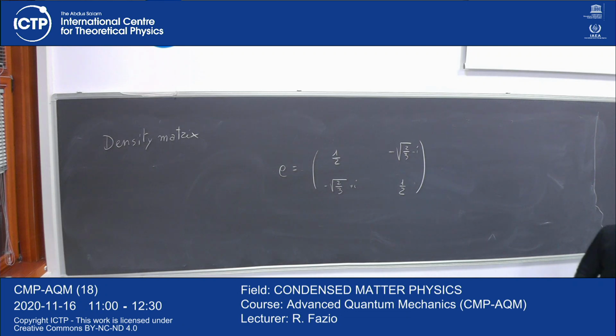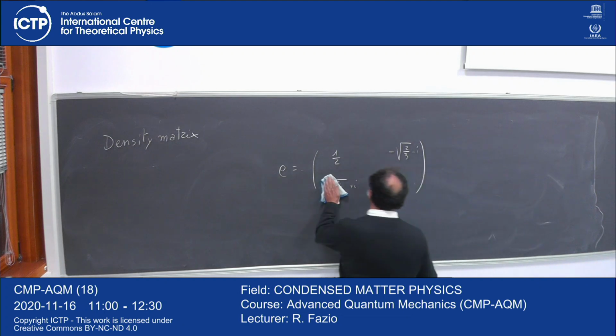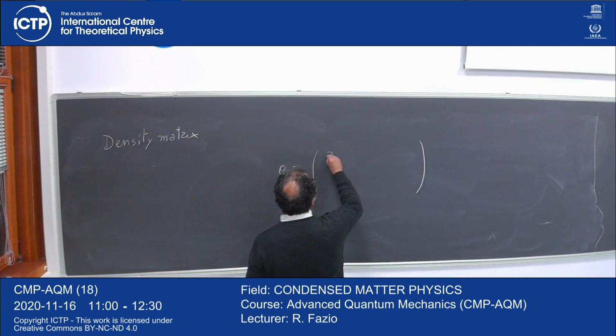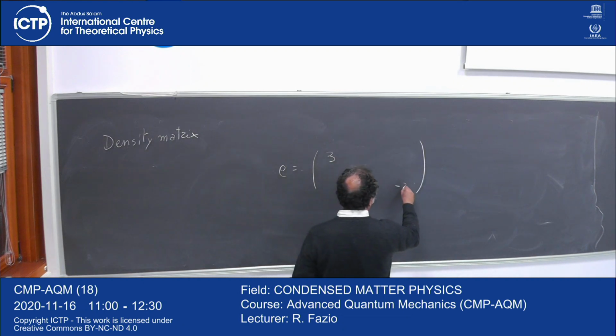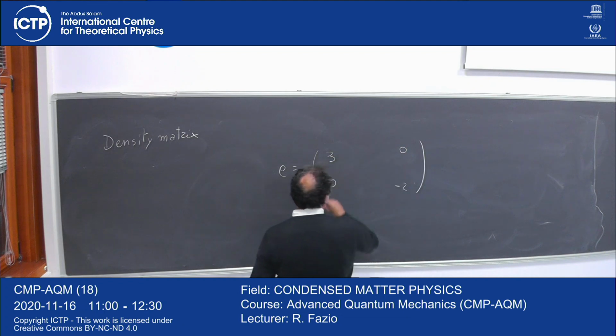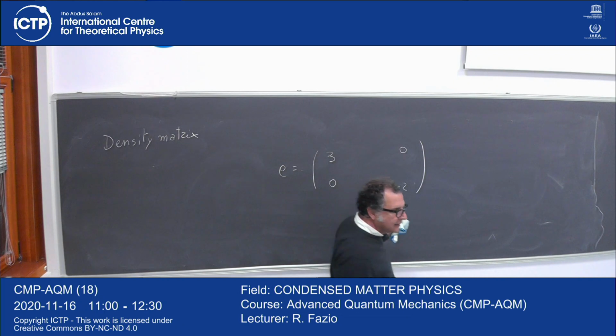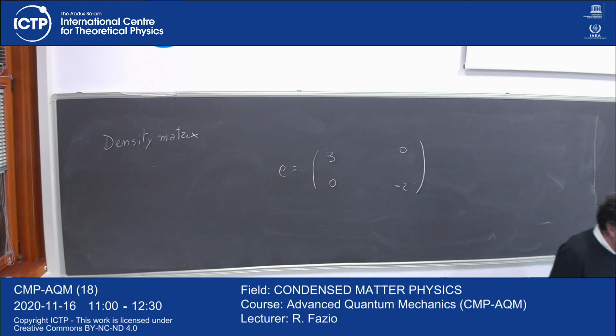And so for instance, what I want to say is the following. Suppose the following, just to give you a concrete example. If you put here 3 and here -2, this matrix has trace equal to 1, okay?